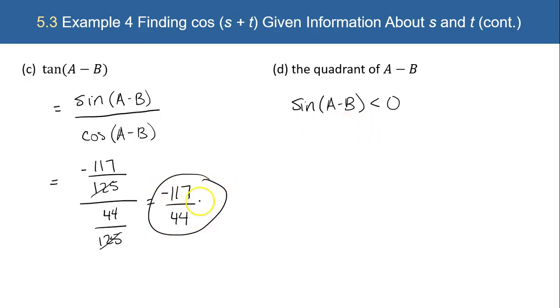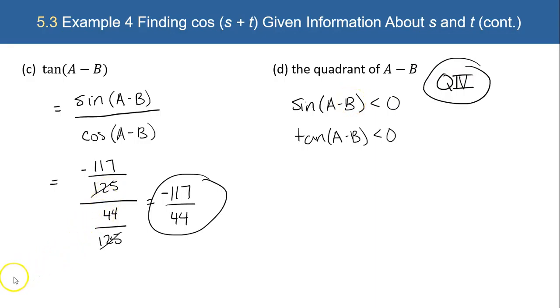And then also, let's look on this page, tangent of A minus B was also negative. So the only quadrant in which those two values, sine and tangent, are both negative in is quadrant 4. Okay, so that's what quadrant we are in. We are in quadrant 4. And so there you go. We are done with that one.